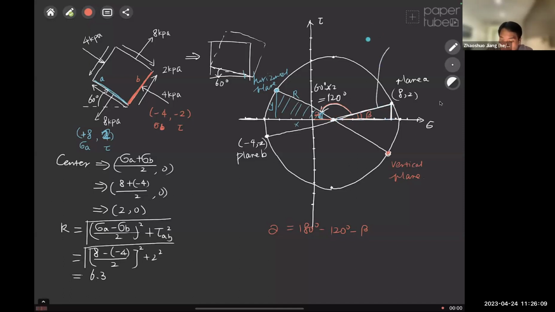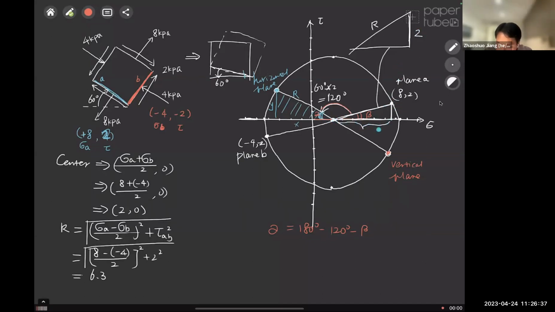So we take this triangle out. This is our R. This vertical line here is 2, right? Because the coordinate here is A and 2. So this guy here is 2.